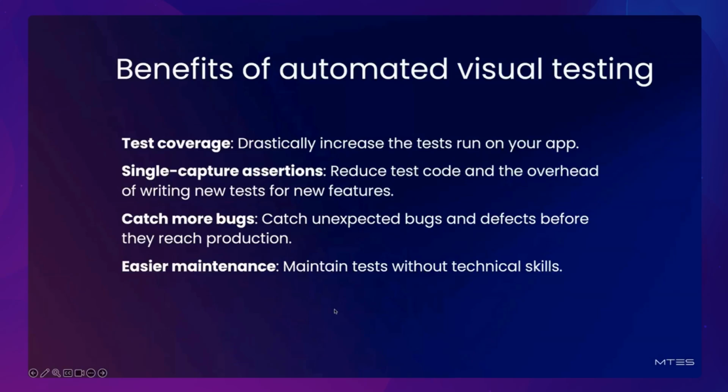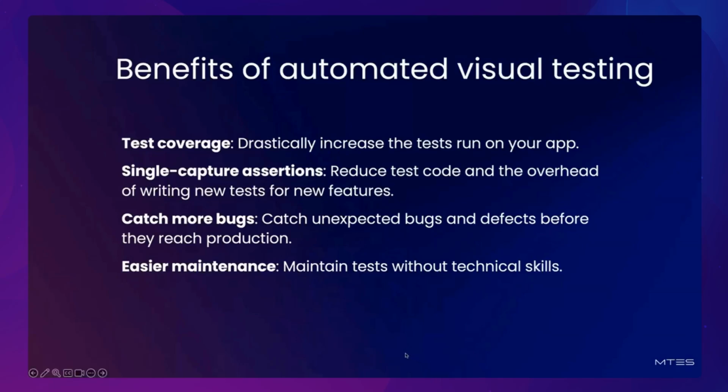We also find that by executing automated visual testing as part of your strategy, you can catch both unexpected and expected bugs and defects before they reach production because we're running these regression cycles in a very fast and efficient way as part of your feature development.